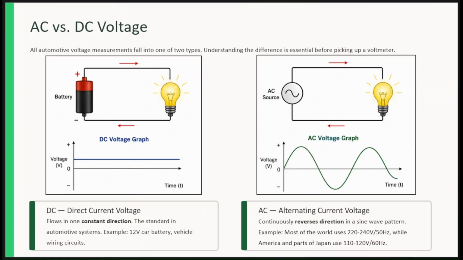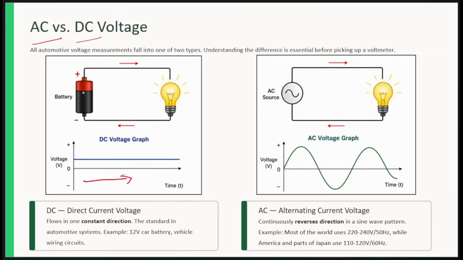Now let us jump into various types of voltage. There are two types of voltage. One is called AC, another one is called DC. The difference is, in DC voltage, we have unidirectional current.